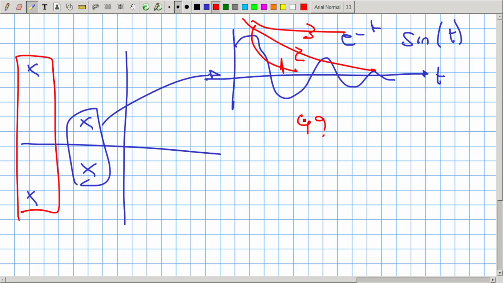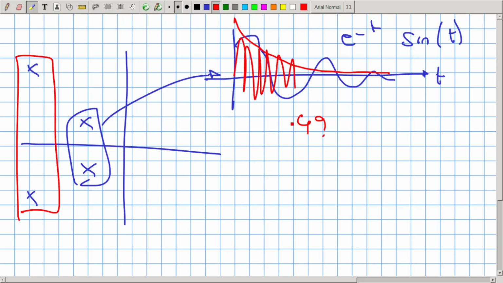Perfect. Then we have an oscillation. So let's say that it goes like this. And then we have an oscillation. Is the oscillation faster, slower, or the same frequency, or you do not know with respect to this one? It's sine of 2t. True? This is sine of 2t, not sine of t.